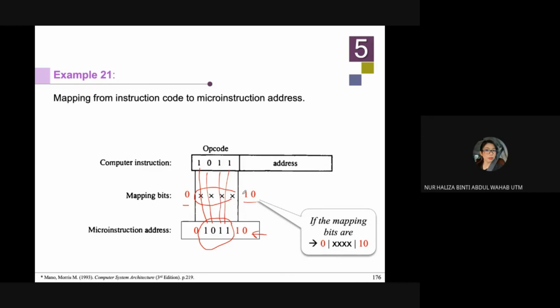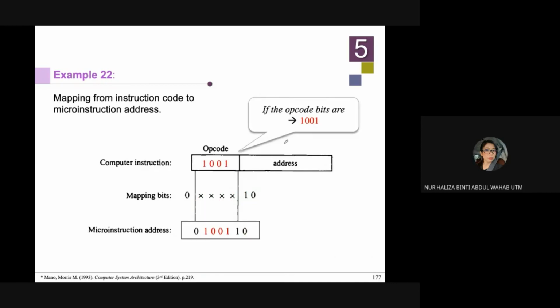It is direct, easy for you to apply and understand. Over here under example 22, mapping the instruction code to microinstruction address: if the opcode byte is 1001, you can always directly bring it and put it into your microinstruction address. So it depends on the operation of your opcode.